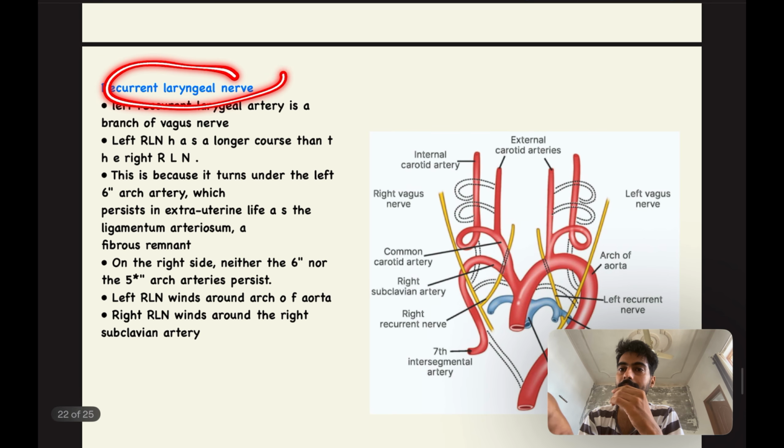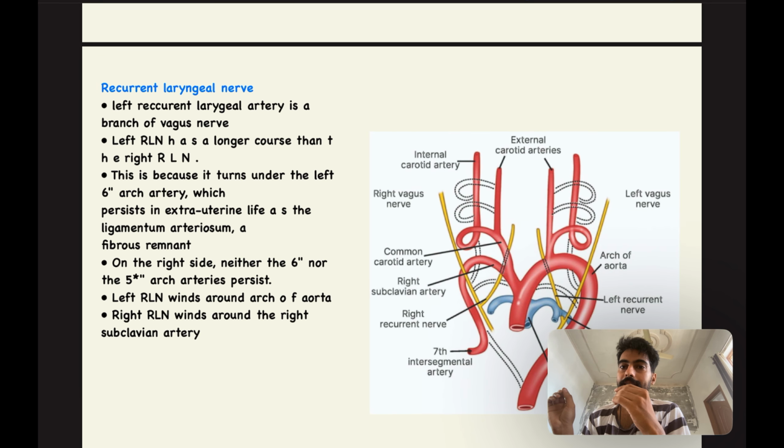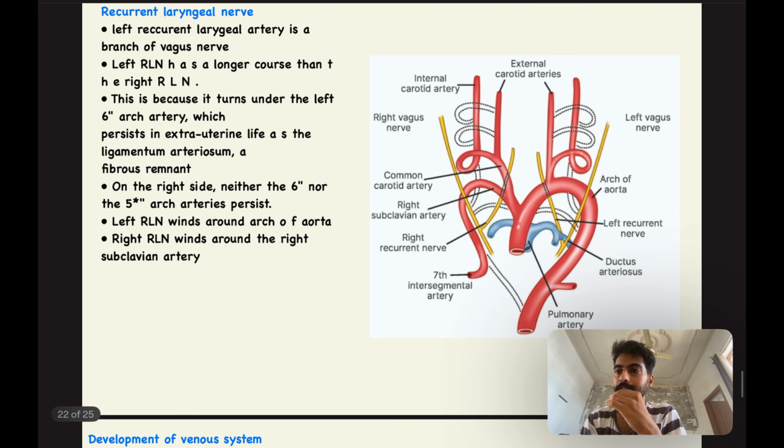Now let's talk about the recurrent laryngeal nerve. It is present on both sides, left and right, and it is a branch of the vagus nerve. So this is the vagus nerve, and this becomes the left laryngeal nerve. But the left laryngeal nerve has a longer course than the right laryngeal nerve.